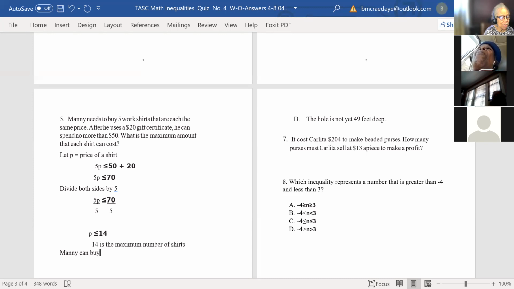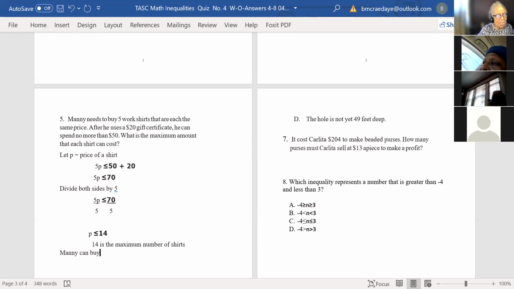He can't buy part of a shirt. What's 5 times 15? 75. He doesn't have $70. That means he could only buy 4 shirts.